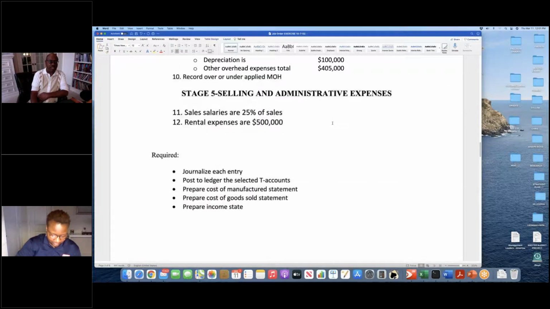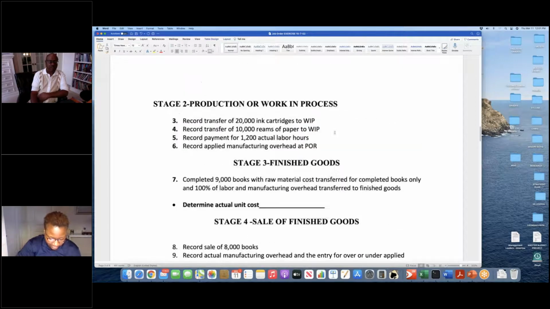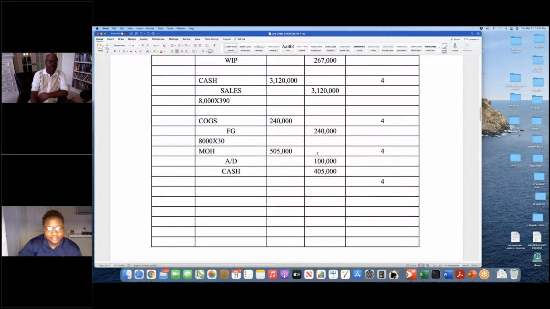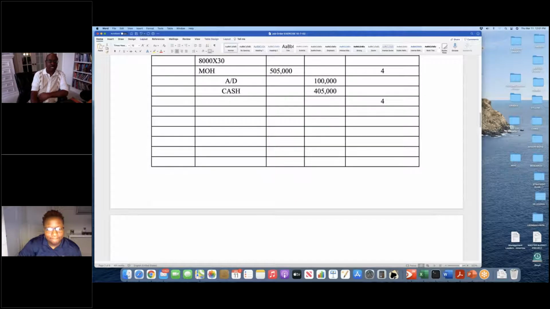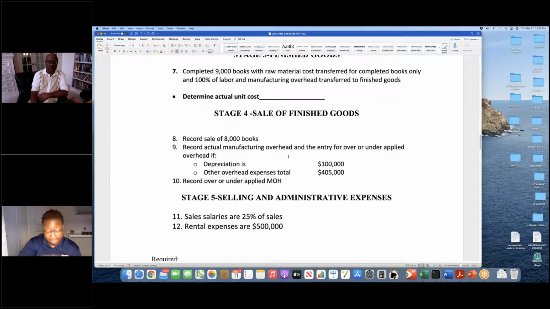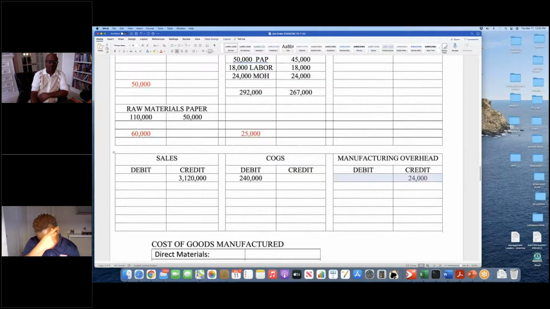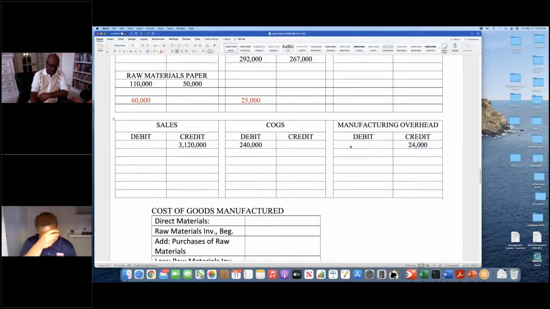Okay, so when we make this journal entry, we debited manufacturing overhead for what? 505, right? So what happened in this case? We underapplied. We said the item cost 24,000, it actually cost 505.